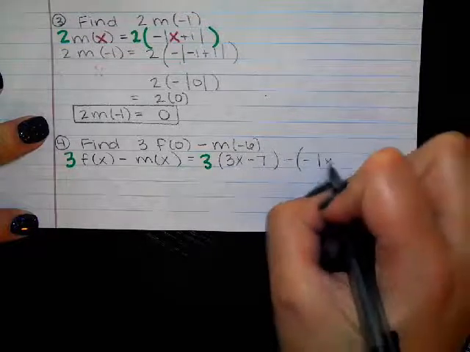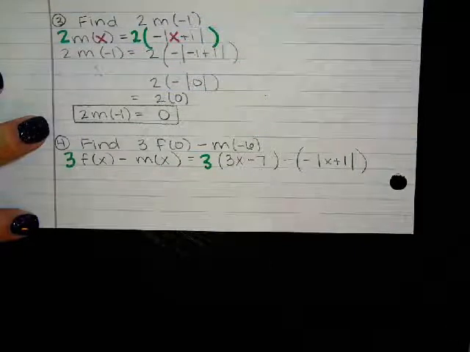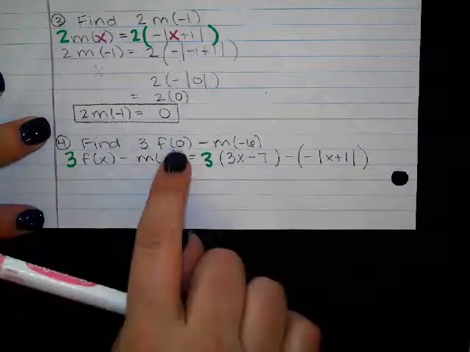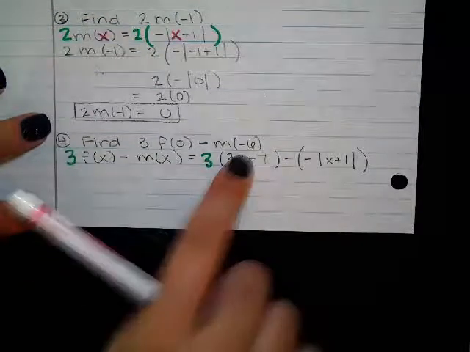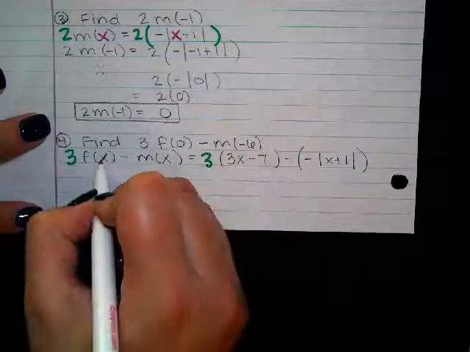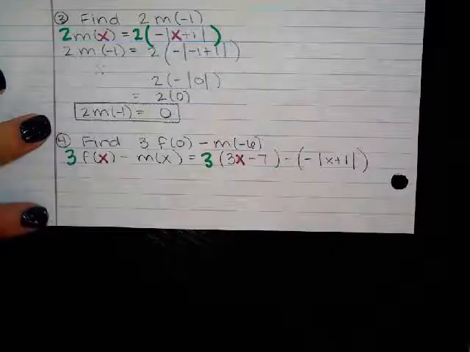Okay. So now I've got to think about what I'm plugging in. Now you'll notice I'm plugging one number in for f of x, but a different number in for m of x. So I'm going to go ahead and just work with the f of x first. So here's the f of x, and then here's the f of x, and I'm going to go ahead and get started there. I'm going to keep green.